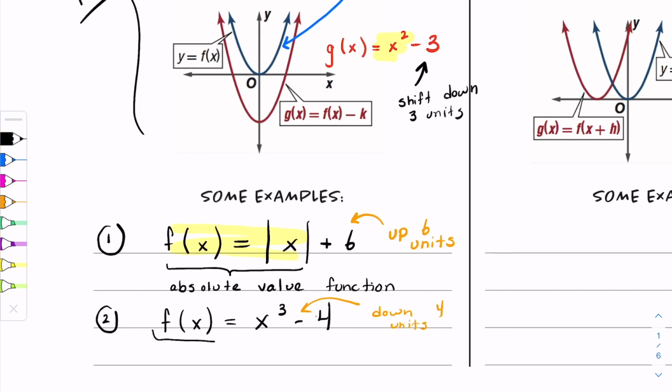In this case, our parent function is the cubic. So that's just a couple of examples of what a vertical shift will look like. A vertical shift follows the same properties for all functions. So you have your parent graph, and then you have a number either added or subtracted at the end of the function.